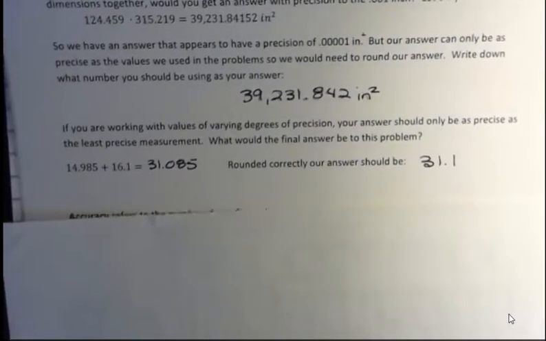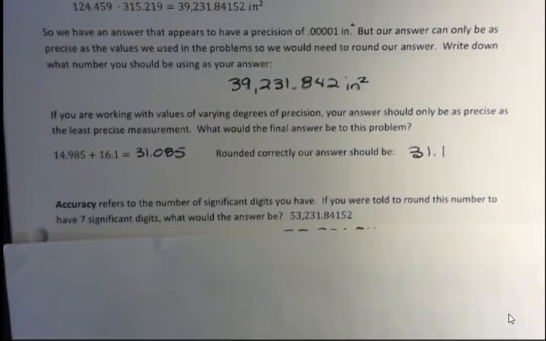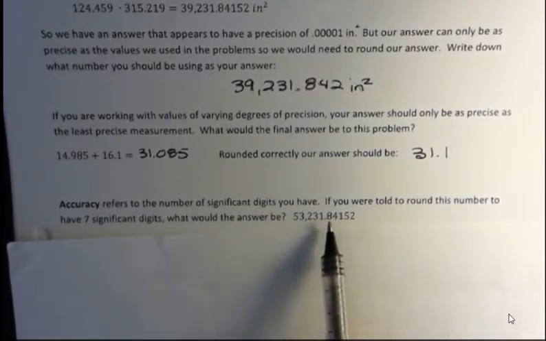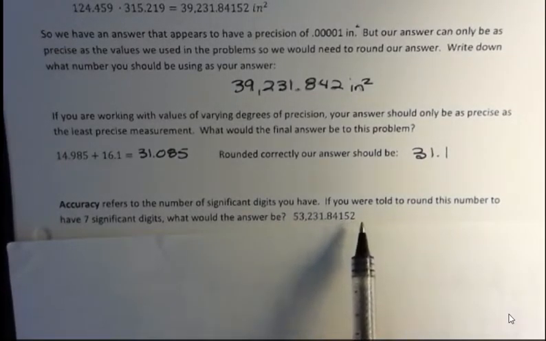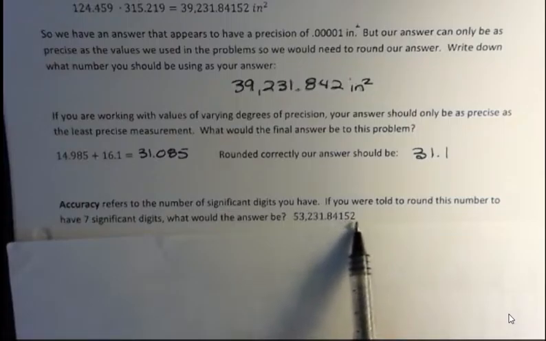and that's where we'd have to leave it. Okay, remember that accuracy refers to the number of significant digits that you have. If you were told to round this number to have 7 significant digits, what would the answer be? Well, we have right now 1, 2, 3, 4, 5, 6, 7, 8, 9, 10 significant digits, so we only want 7. Remember, every non-zero digit is significant, so there's 10 significant digits. We would knock off these last 3.